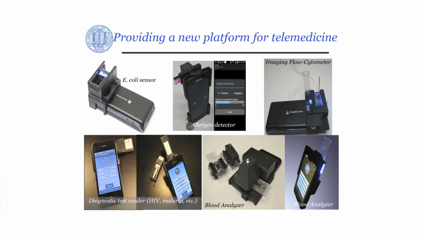And then other designs are available. I'd like to draw your attention to this one, which is a diagnostic test reader, quite complementary to the previous talk, the OV16 rapid diagnostic test at PATH.